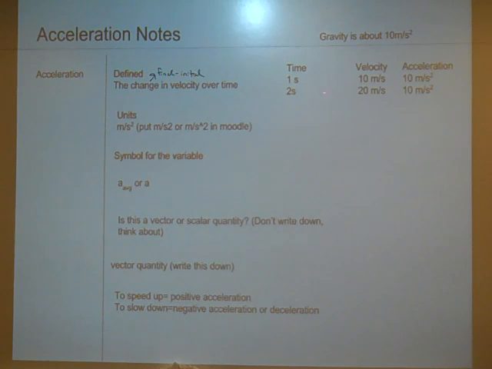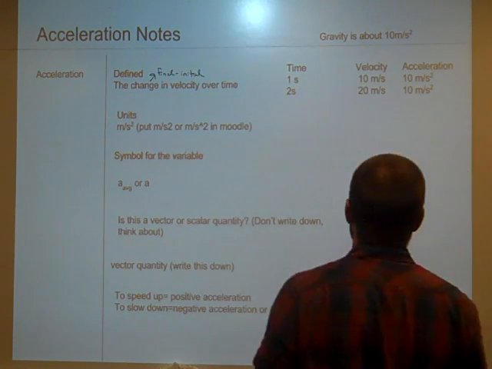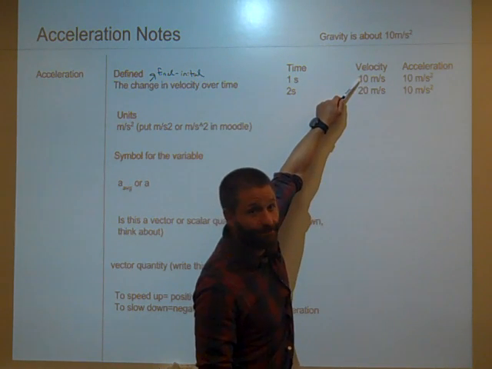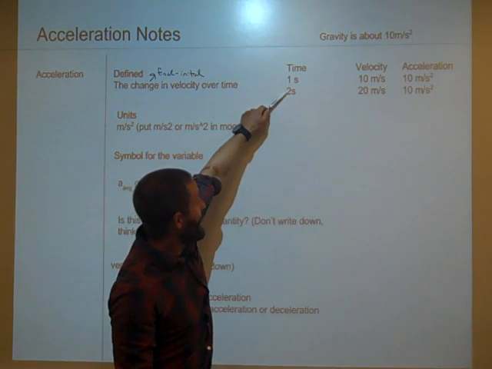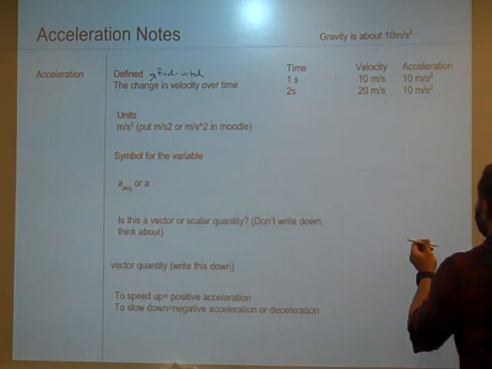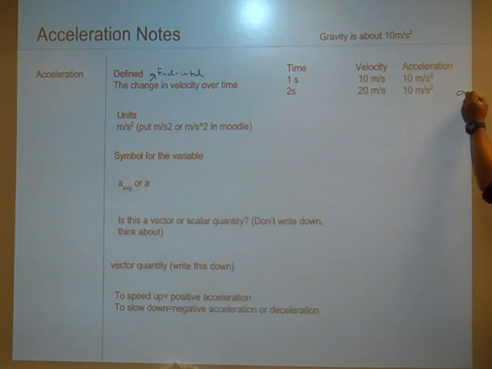After 2 seconds, my velocity is 20 meters per second. But notice the acceleration is staying the same. Final minus initial velocity is 10. Final minus initial time is 1. So it's going to be 10 divided by 1, because remember, acceleration equals delta v over delta t.